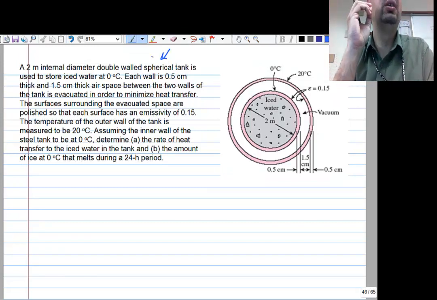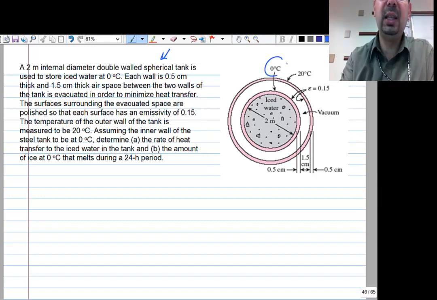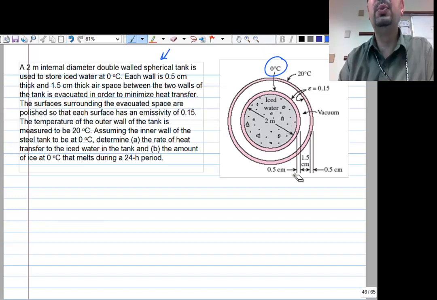So those are two spheres, right? And inside they have ice. So the ice is basically sitting at 0 degrees. And the wall is 0.5 centimeter thick, and there is 1.5 centimeter airspace between the two of them. Well, he said vacuum over here. And it's evacuated in order to minimize heat transfer.